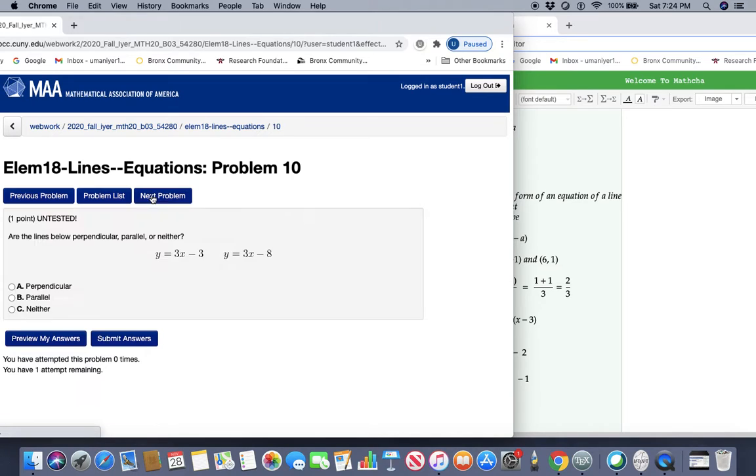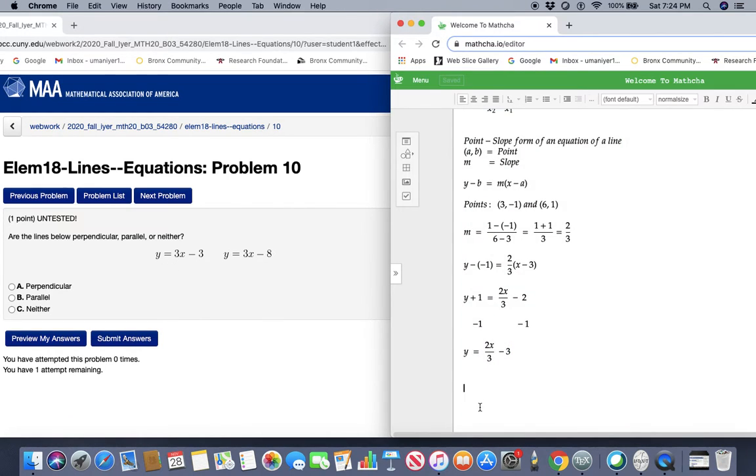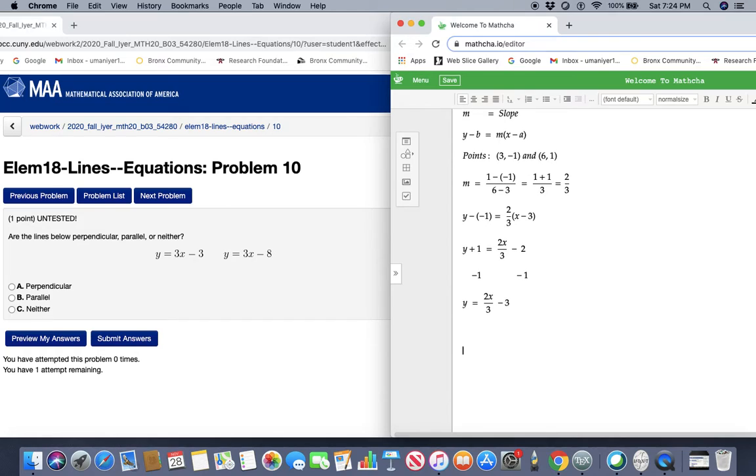Next. Are the lines perpendicular, parallel, or neither? Well, a little bit of theory. 2 non-vertical lines are said to be parallel if they have equal slopes.